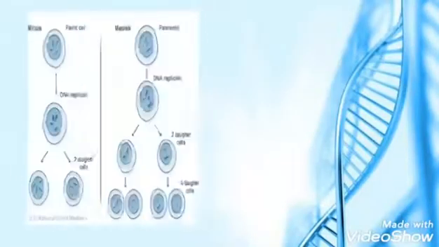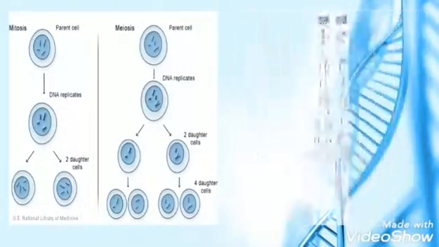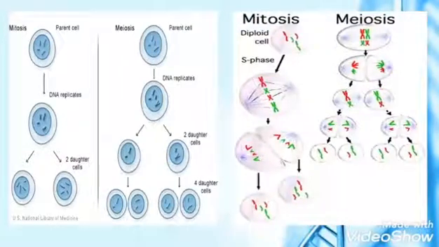Here is another illustration that shows the difference between mitosis and meiosis. Again, after the replication of DNA, in mitosis you produce two genetically identical daughter cells, while in meiosis you produce four daughter cells which are genetically unidentical to each other.